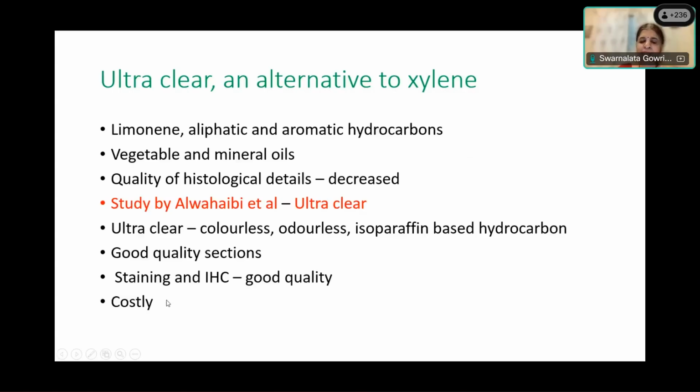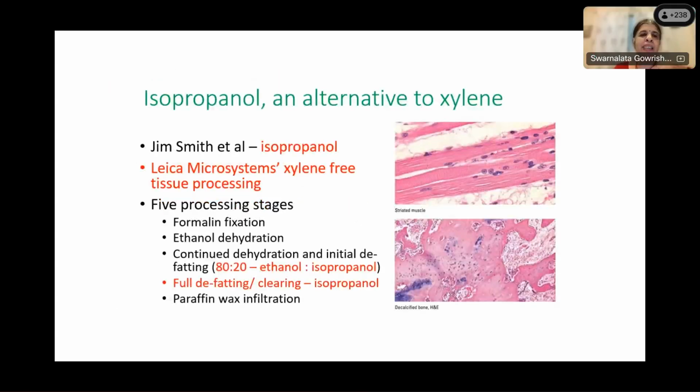So all of us work in laboratories where we need to maintain our costs to be able to afford our tests for the average patient. And so this becomes very expensive. There's a system marketed by Leica, xylene-free tissue processing, where the whole thing is done with isopropanol as an alternative to xylene.